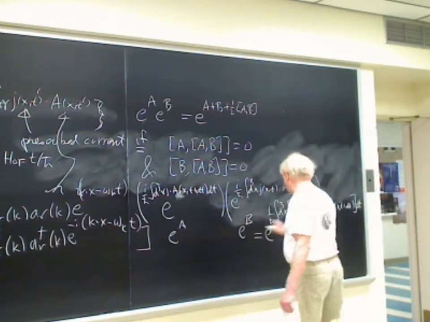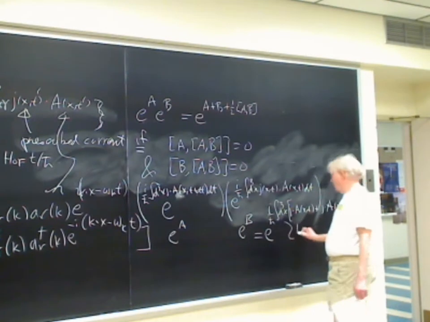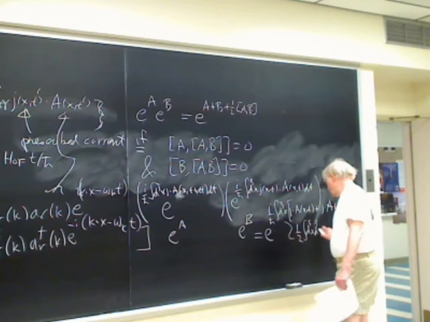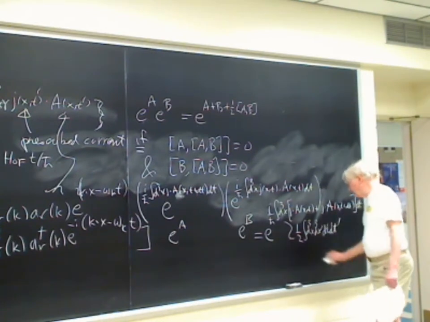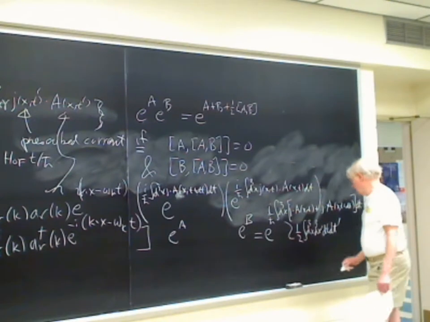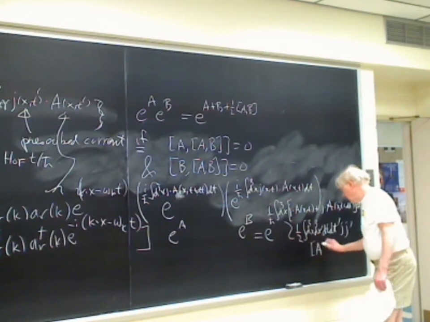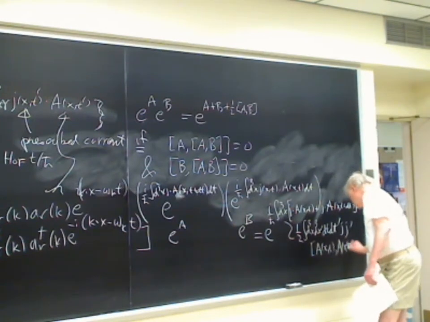It's the product of that plus something else, namely 1/2 the commutator, and now this will be integral d cubed x prime dt prime j prime, the commutator of A of x t with A of x prime t plus dt.